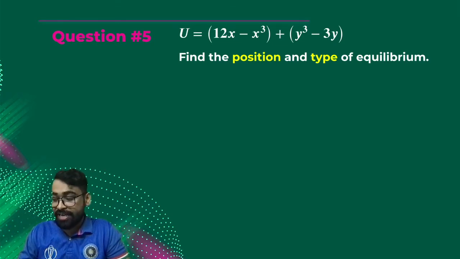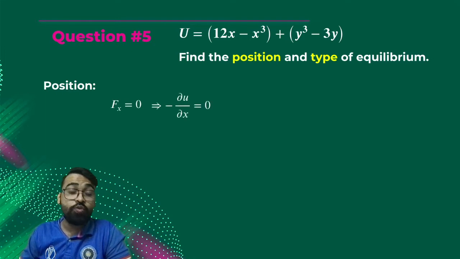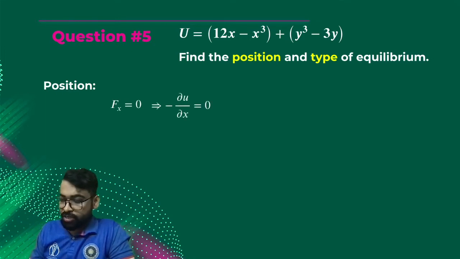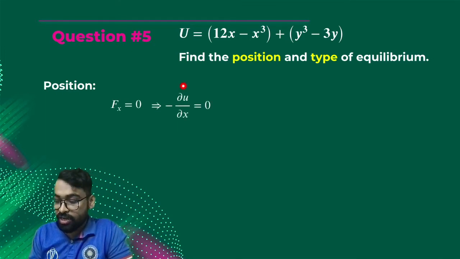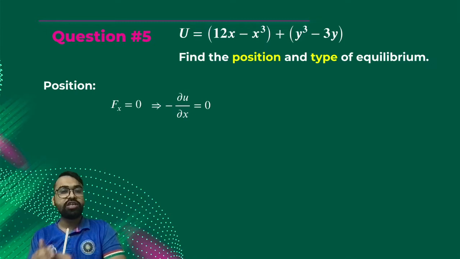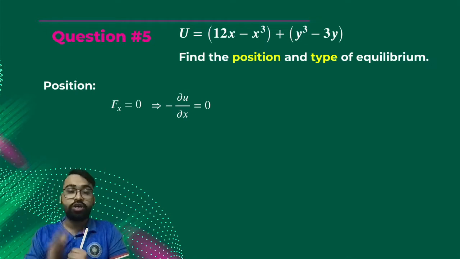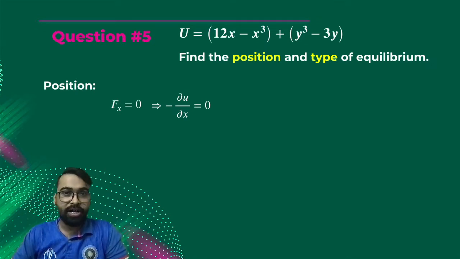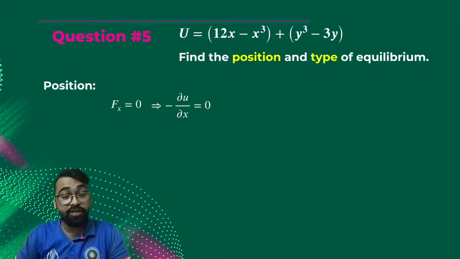Corresponding to this, I can say minus del u by del x equal to 0. Now please watch, this minus del u by del x is important. You cannot write d over here. Du by dx is not allowed, because when talking with respect to x, since there is a y also attached, you have to use partial derivative. That is the learning over here, and you'll see how this becomes an even more complicated question very quickly.